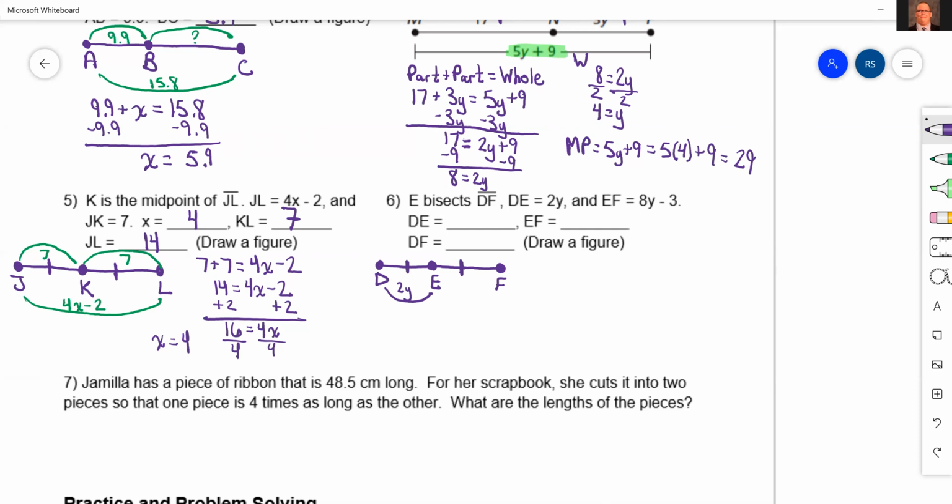From E to F, it's 8y minus 3. Well, since E is exactly in the middle, we know that these two are equal to each other. So 2y equals 8y minus 3.